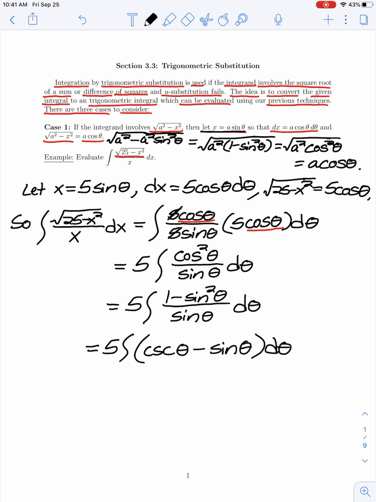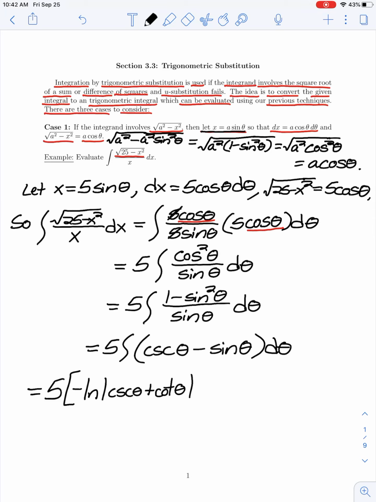And now we know how to evaluate these, the antiderivatives of these trig functions. So let's see what we have. We had our constant 5 out in front, and the antiderivative of cosecant theta is the negative natural log of absolute value cosecant theta plus cotangent theta.